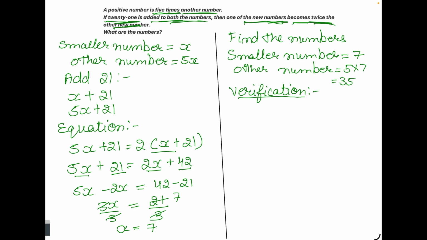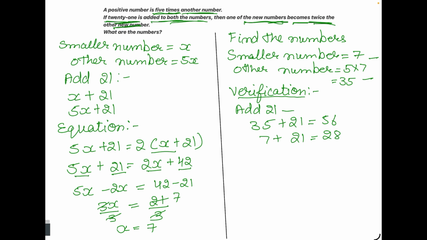What we will do, we will add 21 to both the numbers. So 35 plus 21 is equal to 56. 7 plus 21 is equal to 28.